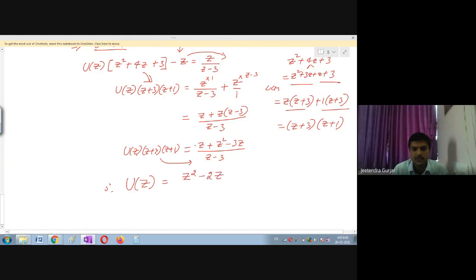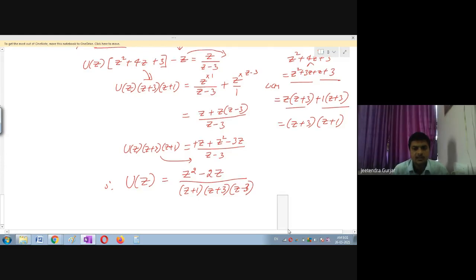You can just see plus Z is there and minus 3Z is there, divided by this term I will take down. That will be Z plus 1, Z plus 3, and already there is Z minus 3, students.